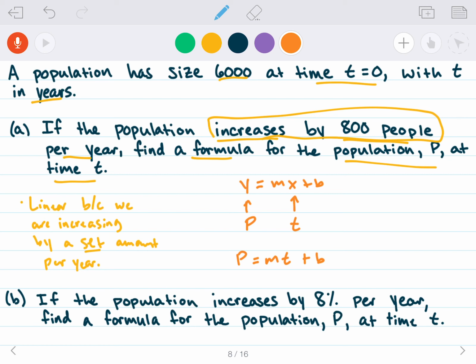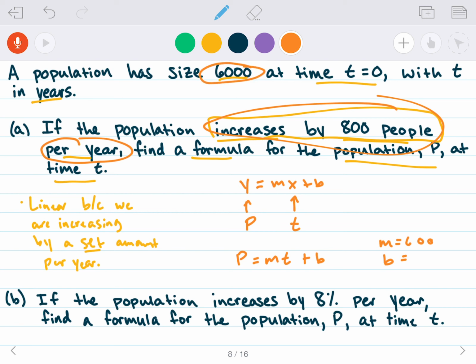So what's m? m is the amount that we're changing per unit of time. So it tells us here that we're increasing by 600 per year. So m is 600, and b is going to be the starting value, so our y-intercept. And that is going to be 6,000. They tell us that the population starts at 6,000 because that's when time equals 0. So our b is going to be, oh, and actually I meant this to be 800, sorry. Our b is going to be 6,000.